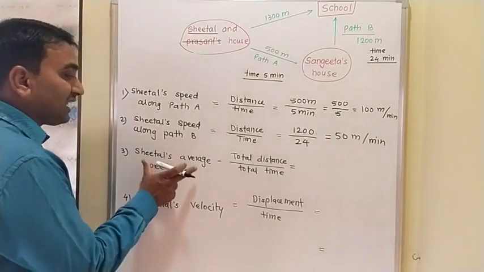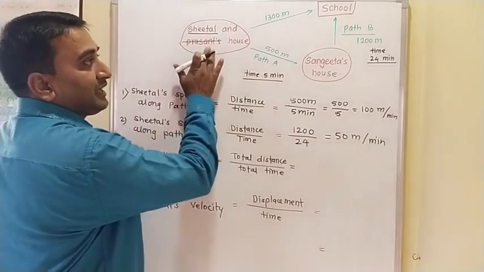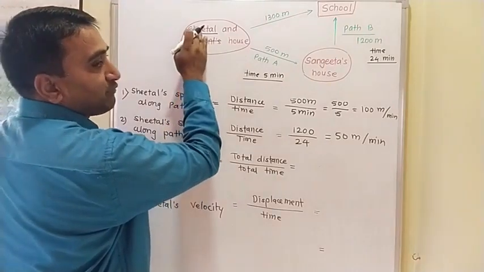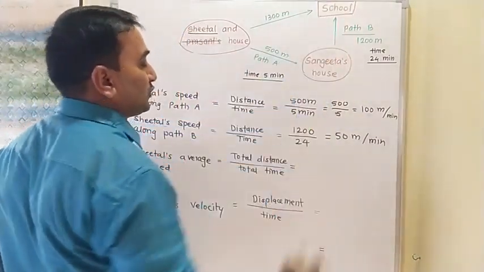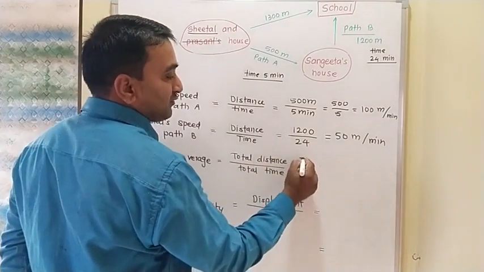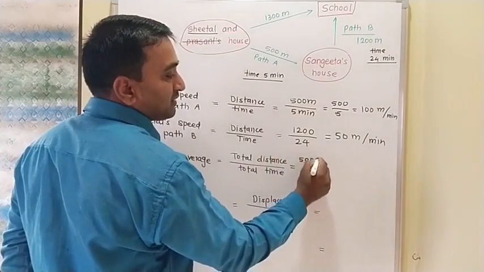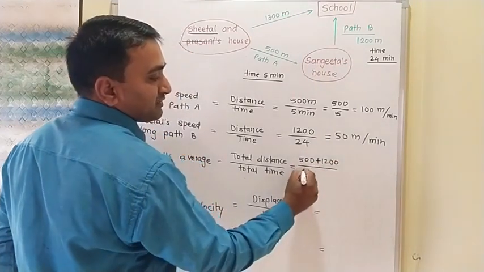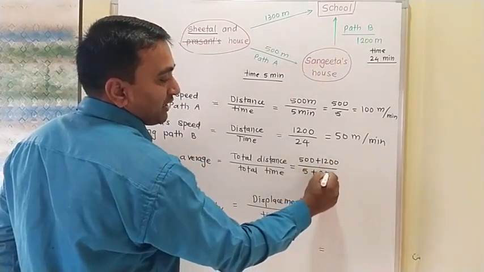But when we consider average speed from point A to point C, that means Sheetal's total journey from her house to school, now we want total distance. First distance is 500 plus second distance is 1200. Then first time is 5 minutes, second time is 24 minutes.